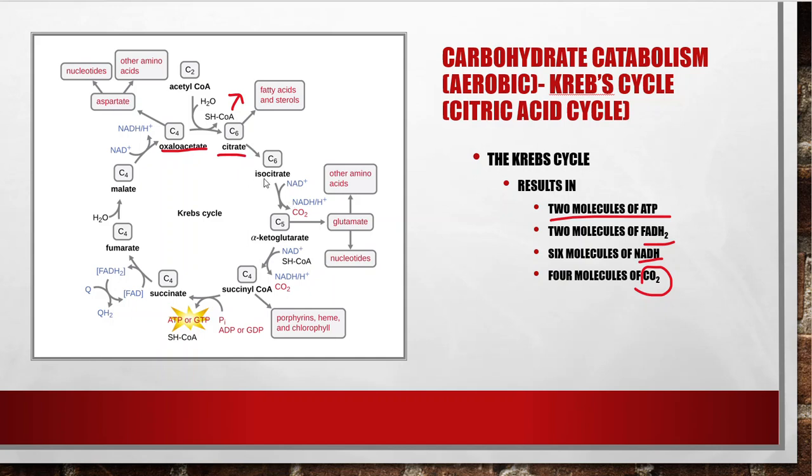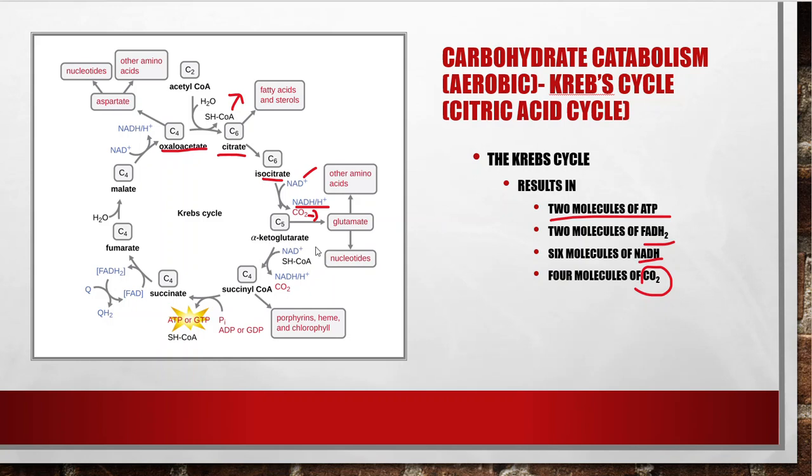It's going to do a slight change, and it's going to be isocitrate. Still going to be the same thing. It's just going to rearrange the furniture, so to speak. NAD comes in and grabs electrons, and then we take one of our CO2s and breathe it out. Okay, at this point we've got a 5-carbon molecule.